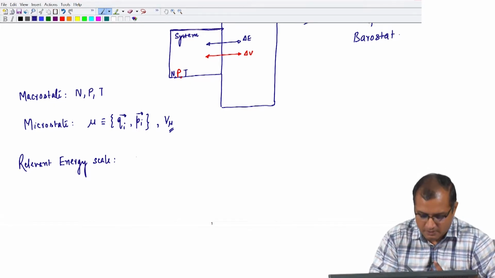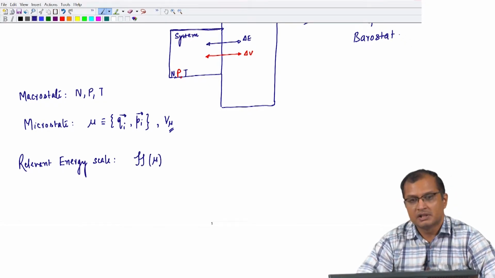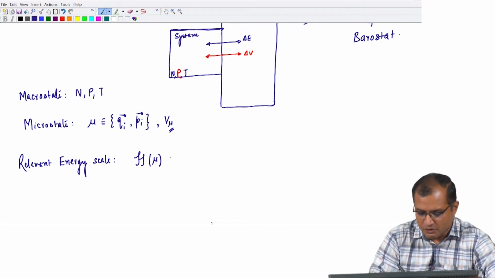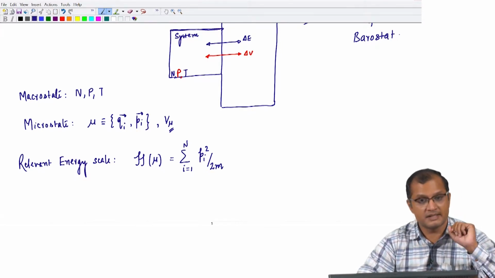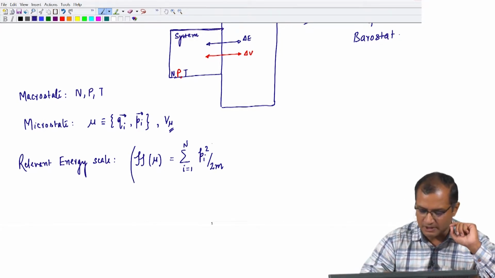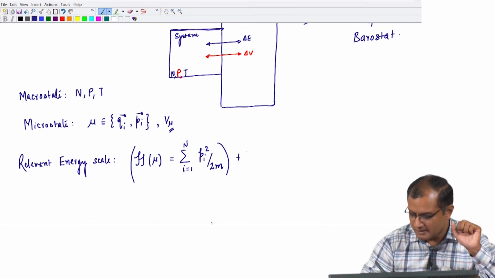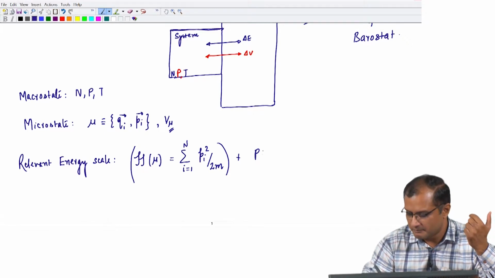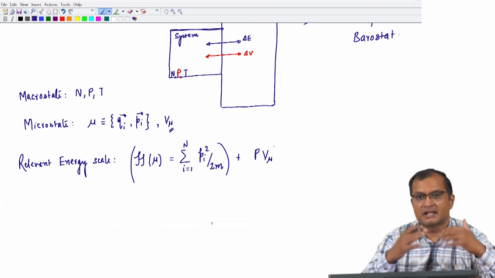Like in the canonical ensemble, the relevant energy scale was just the energy of the microstate mu, which for an ideal gas you could write as the sum from 1 to n of pi square by 2m. This is not the energy scale. The relevant energy scale is the Hamiltonian for a given microstate plus the pressure volume work that the system has done against the barostat.